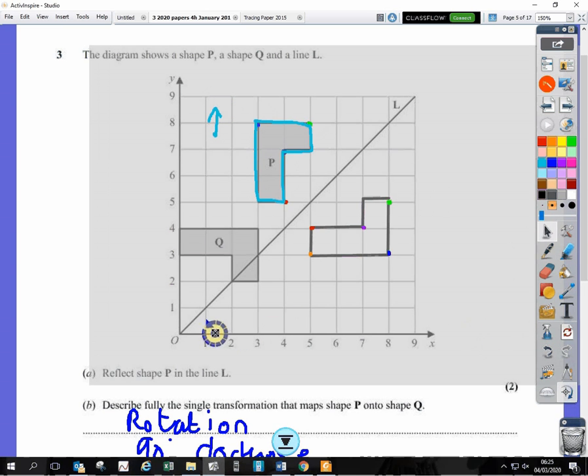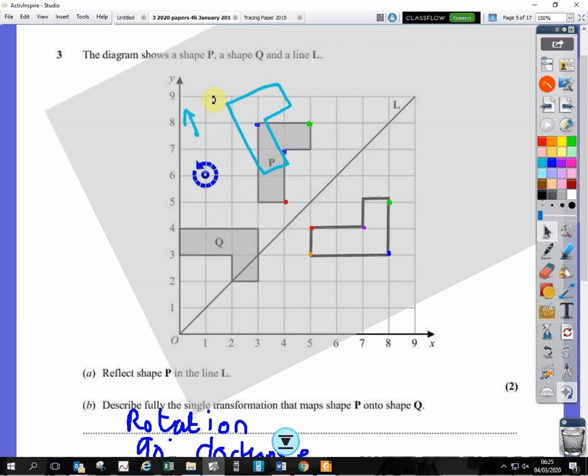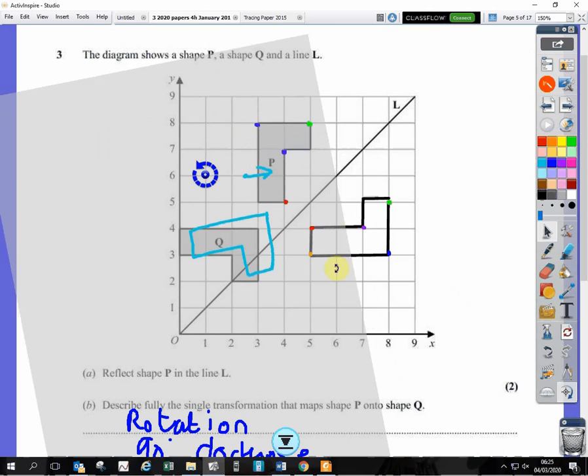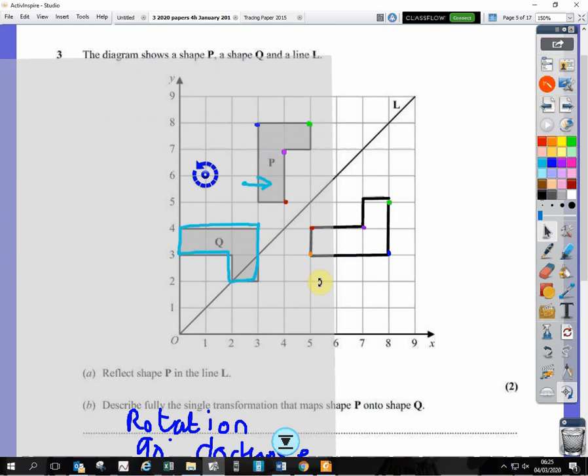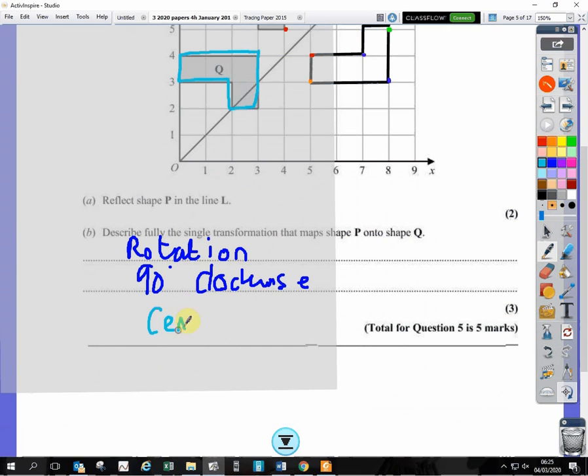So let's try, I don't know, 1, 6, for example. Right, and we'll spin the tracing paper around. Okay. Oh, look, it worked. That means the center must be 1, 6. So center 1, 6. You've got 3 marks there. Next one.